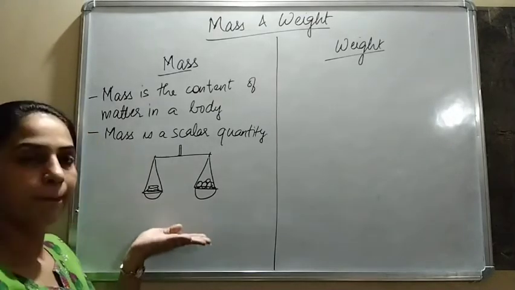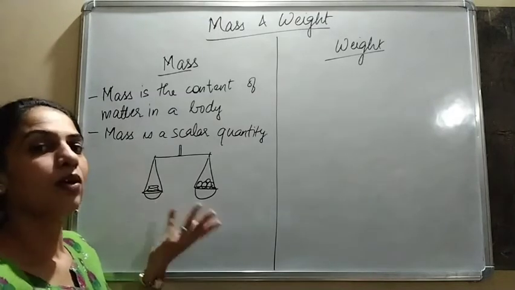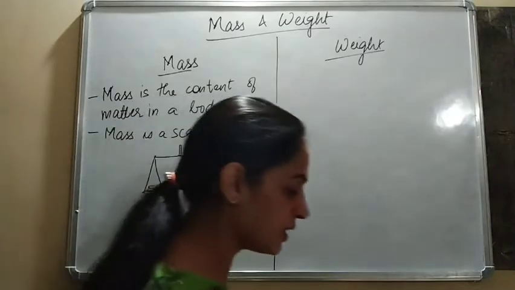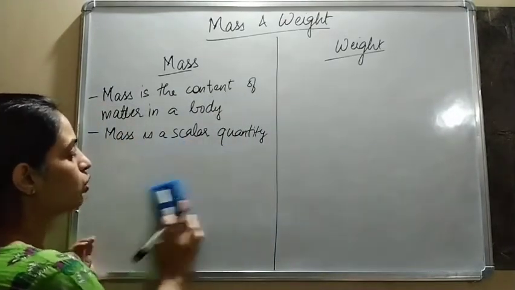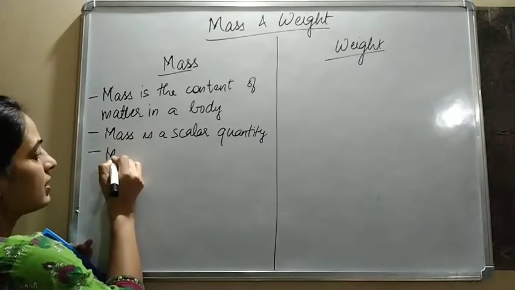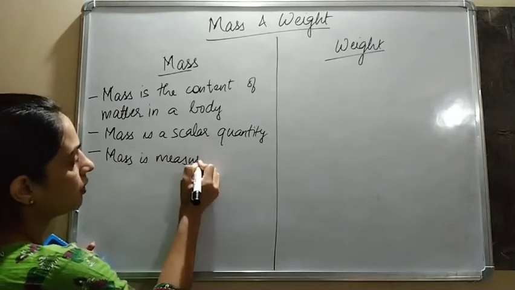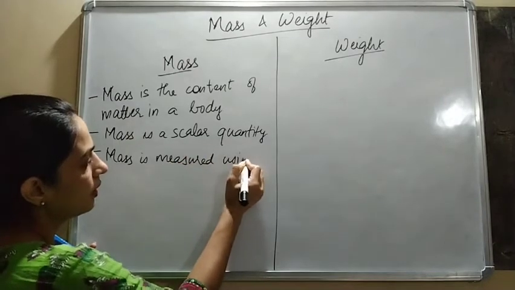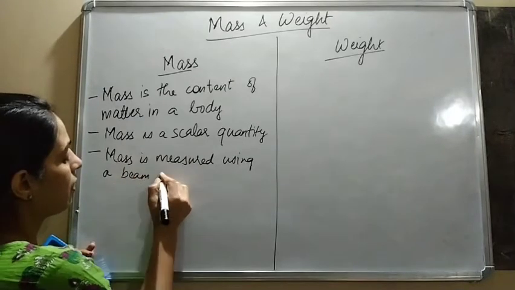So here both of them are considered to have same mass, same weight we say, but it is same mass. Okay, so what is used to measure mass? Mass is measured using a beam balance.